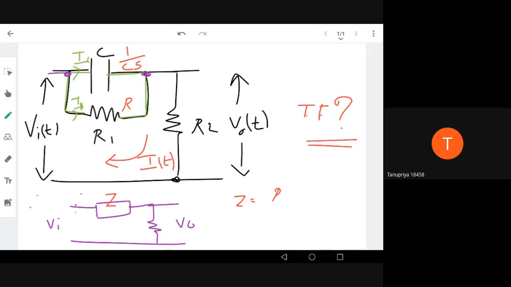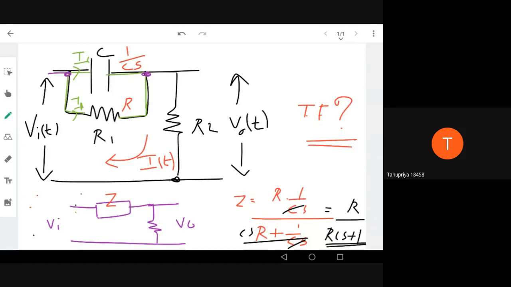That means R into 1 by Cs divided by R plus 1 by Cs. So what will be the answer? R in the numerator, Cs will come here, this cancels. So R divided by RCs plus 1.